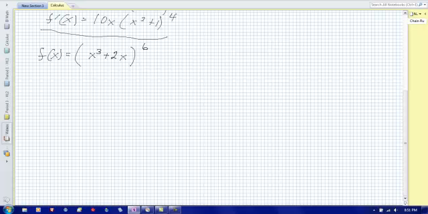Well, again, we can see there's an inner function, and there's an outer function. Notice when I draw these circles, one circle's inside the other. It's a pretty good indication that one function's inside the other. Okay? Inner function.